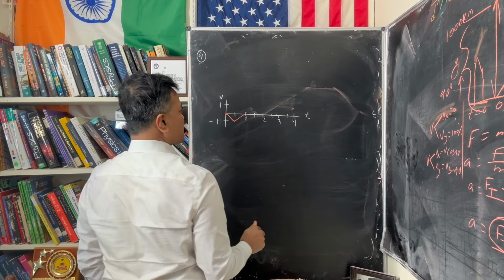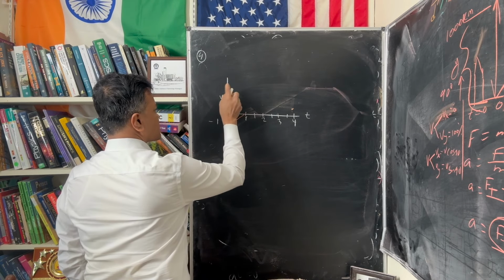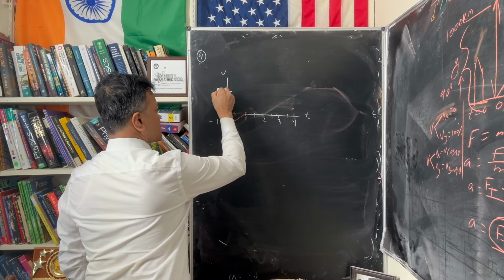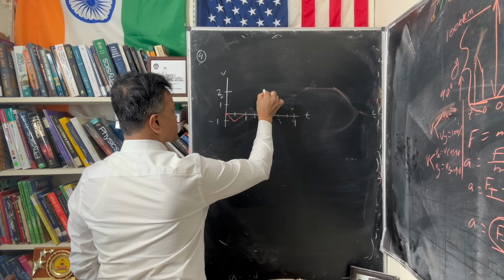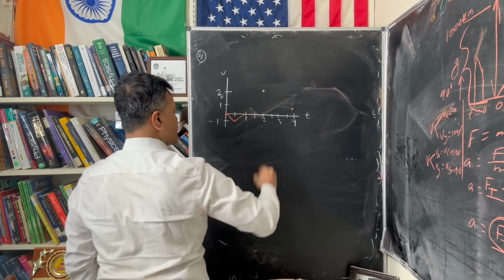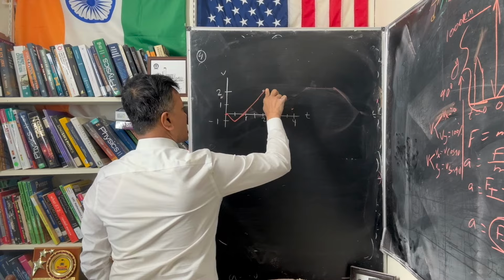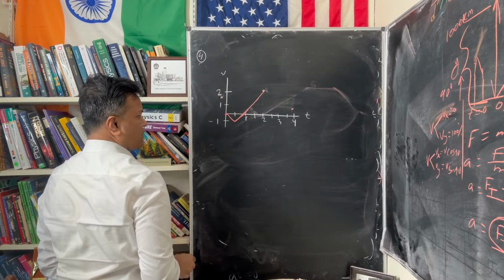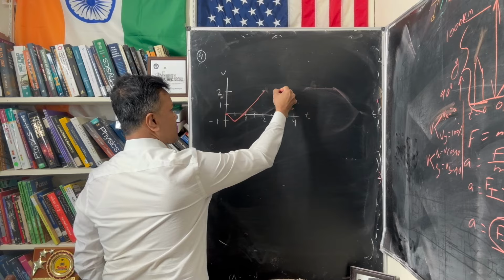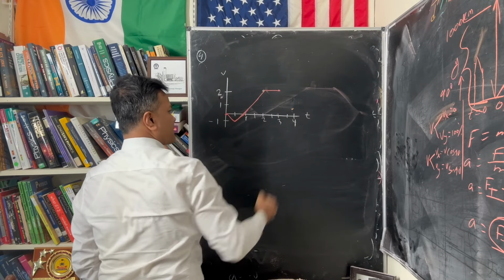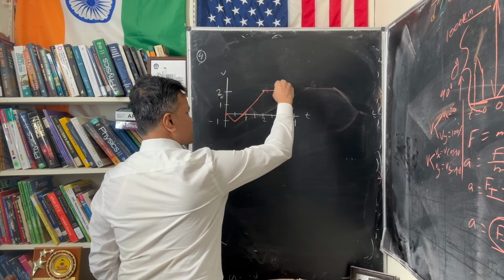It continues to move with constant acceleration to 2 meter per second. It continues with constant acceleration from 1 second to 2 seconds. From 2 seconds to 3 seconds, it moves with constant velocity. From 3 seconds to 4 seconds, again it moves with constant acceleration.